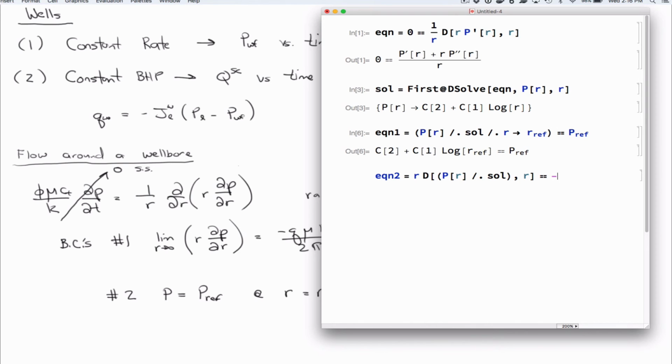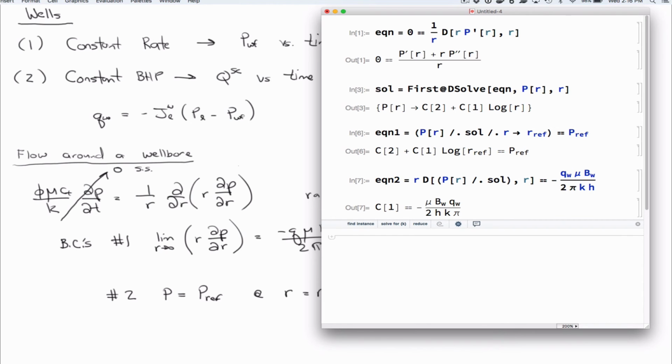So we said minus q_w mu B_w over 2 pi k h. Okay.